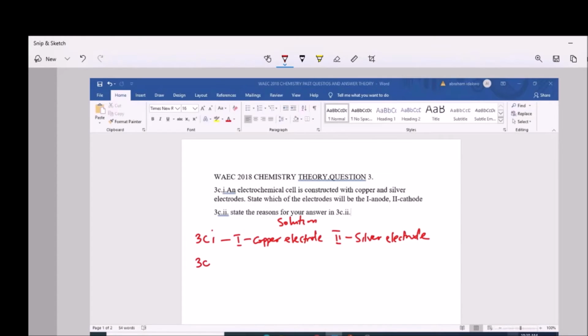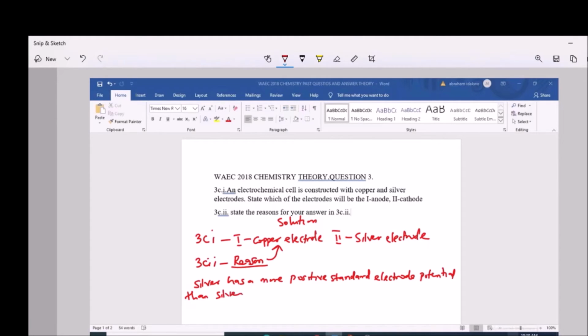Then 3C Roman figure 2, we are just asked to state the reasons for our answer in 3C Roman figure 1. The reason is that silver has a more positive standard electrode potential than copper. This is one of the reasons.